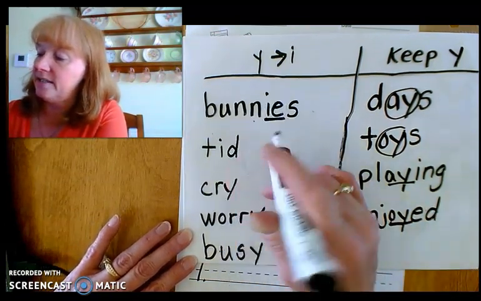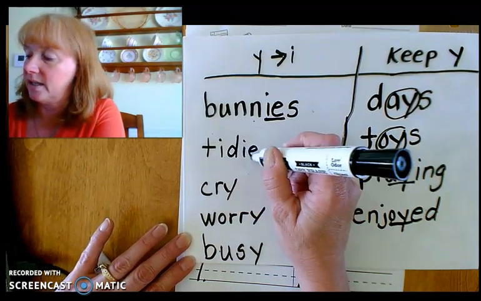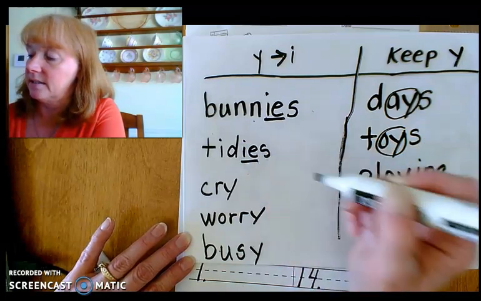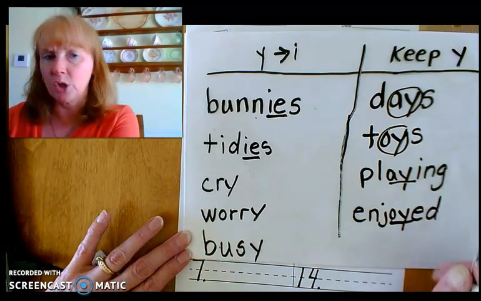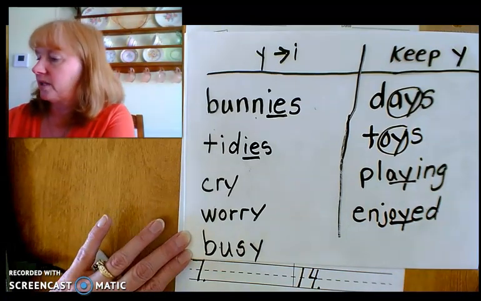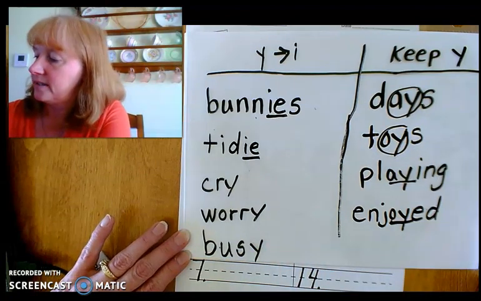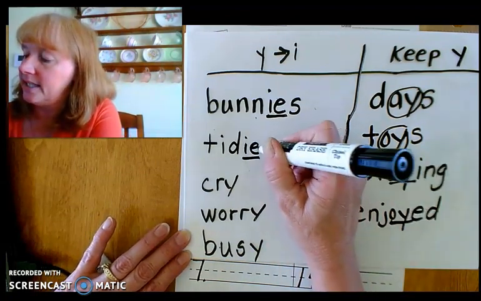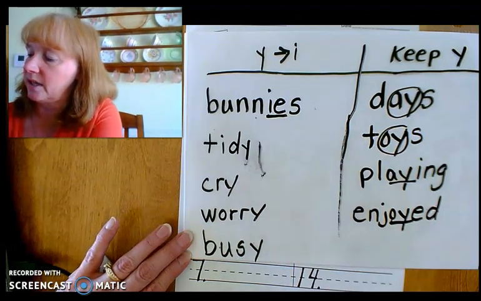She tidies her room when her mother asks her to. Change the Y to I, add ES. Tidies her room. It's not a plural, but it follows that same format. Or past tense. She tidied her room. Okay, so there's tidy.